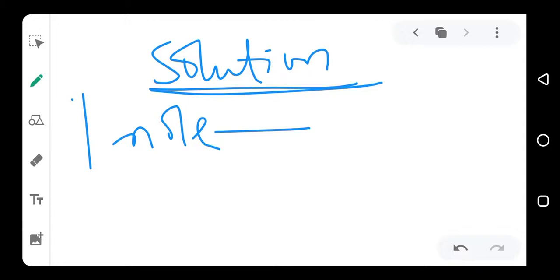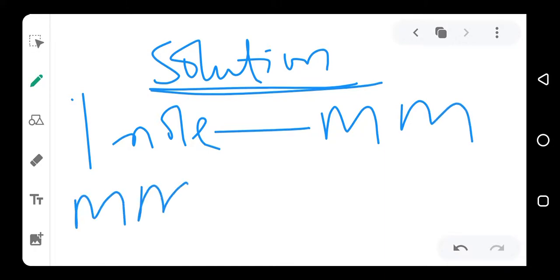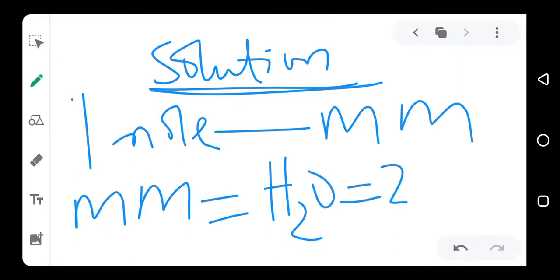Now for water, molar mass is equal to, we don't have an instrument to weigh 1 mole of water, but we can calculate the molar mass of water using the component atoms that make up the water molecule. So we have water is H2O, which is equal to 2 hydrogen plus 1 oxygen, 16, which everything is 18 gram.